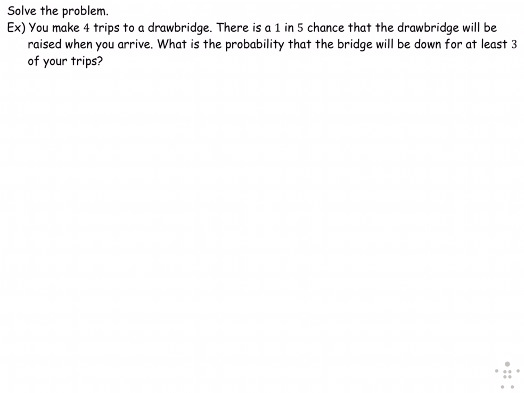So let's translate a 1 in 5 chance that the drawbridge will be raised to a 4 in 5 chance that the drawbridge will be down. And then let's translate the idea that the bridge will be down for at least 3 of your trips, meaning that r can equal 3 or r can equal 4, so we get the following formula.